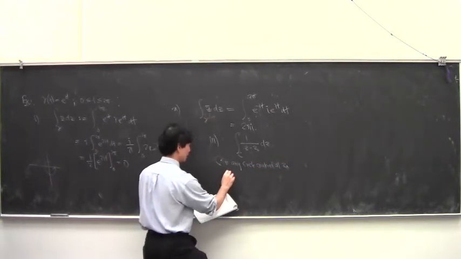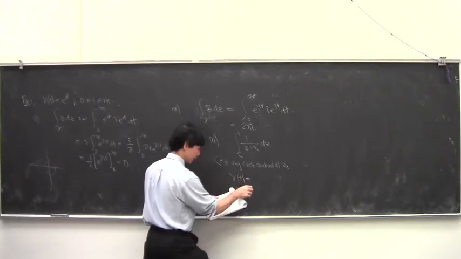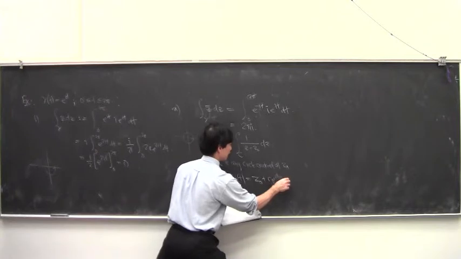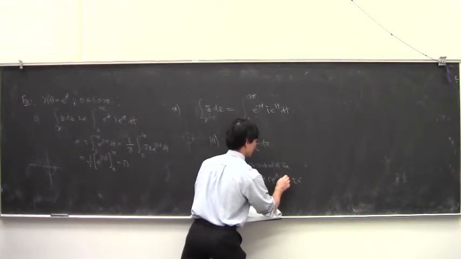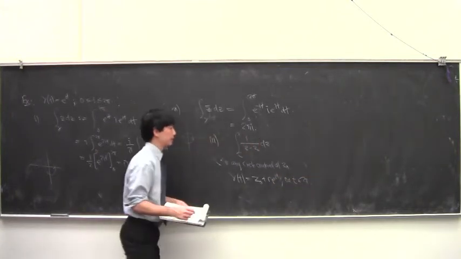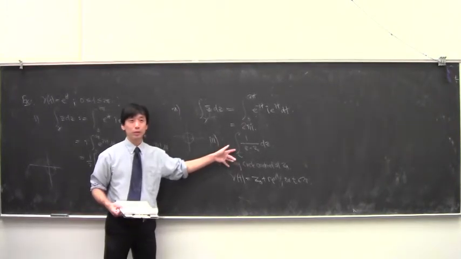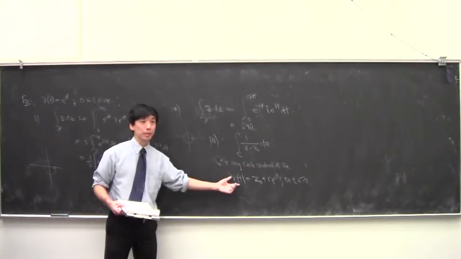You could take, for example, gamma of t to be z naught plus r e to the it as t ranges between 0 and 2 pi. So you're going over this circle. Here's a parametrization of the circle.